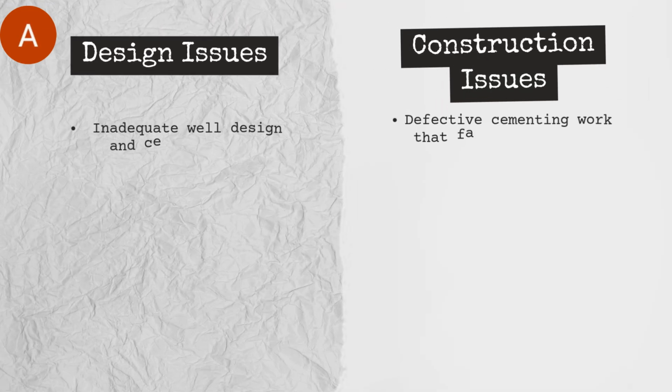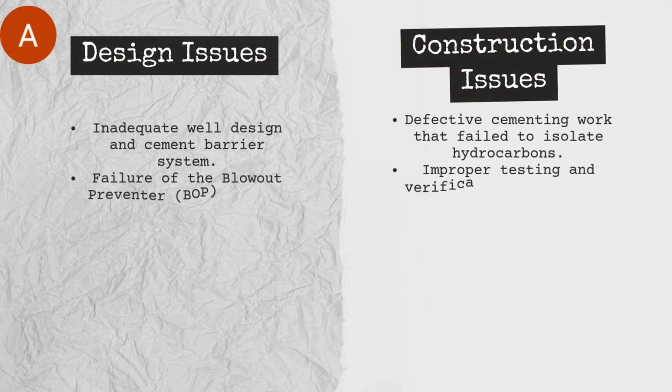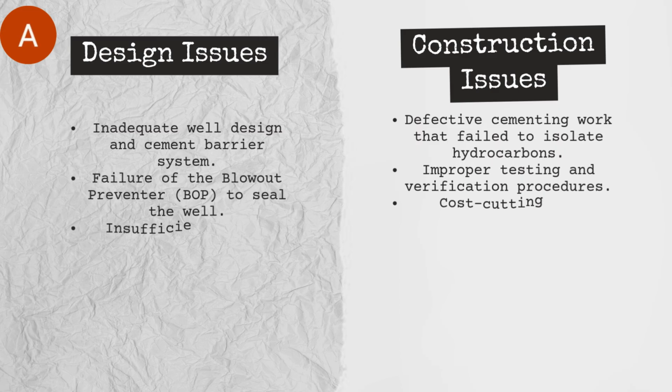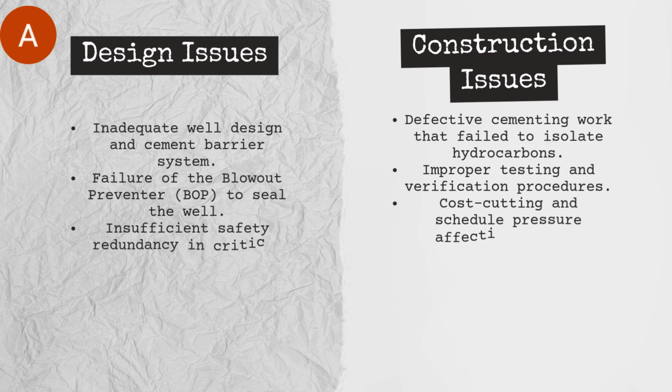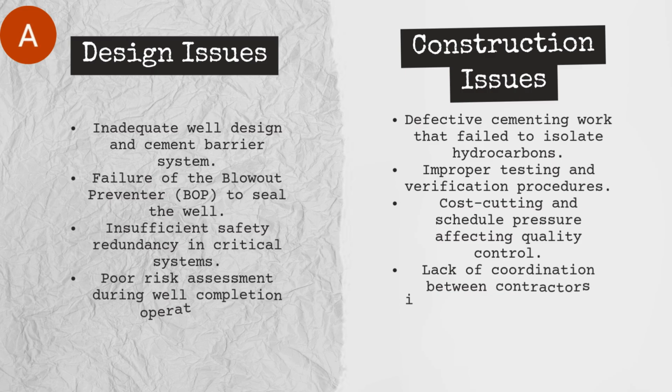Now, let's talk about the key issue behind the Deepwater Horizon disaster, which is design and construction issue. Design problems included inadequate well design, failure of the blowout preventer, insufficient safety redundancy, and poor risk assessment.